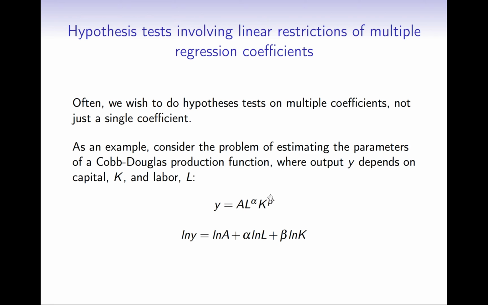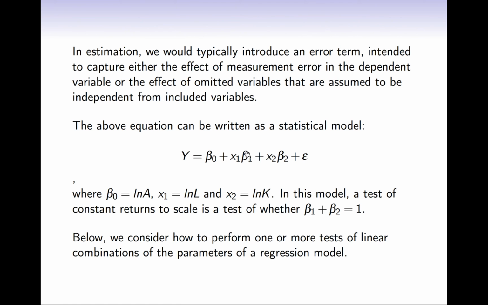We should probably call this theta or something because it's not the same beta. But just testing the constant returns to scale would be this plus this equals 1. So that would be one test. And the R matrix should just have a 1. Well, for the intercept, you're not doing anything. So it'll be like a 0, a 1, and a 1. That's what the R matrix will look like. So it would be good to try to set that up.